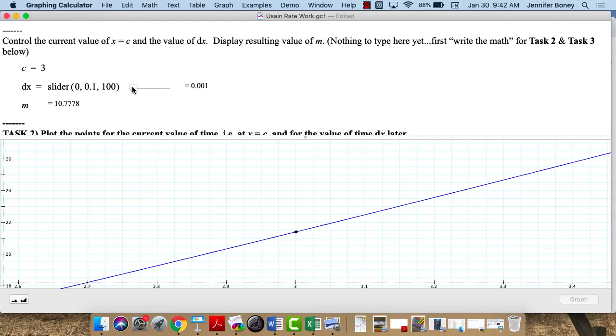But if you can see, if I move away from 3 seconds into the race, anywhere from 1,000th of a second up to 1/10 of a second, the speeds that are computed, as if it were exactly the same speed all the time, don't vary too much. So it's not exactly a straight line, but 10.777 up through 10.83, speed-wise, those are fairly similar speeds, agreed. They don't vary a whole lot.